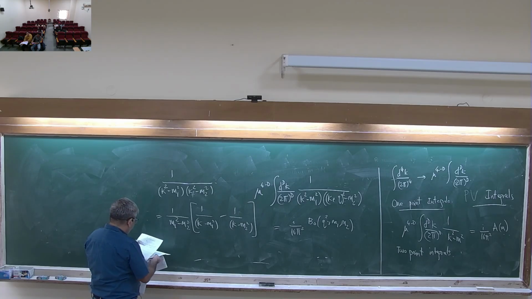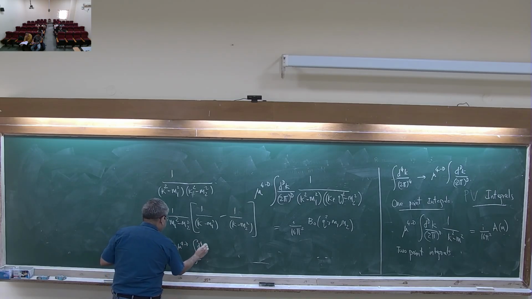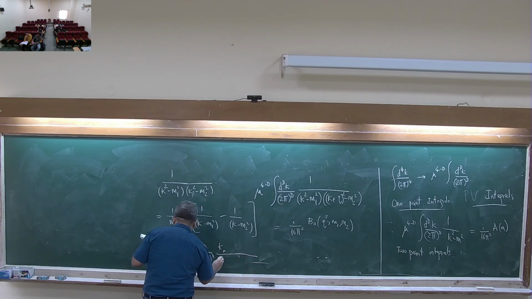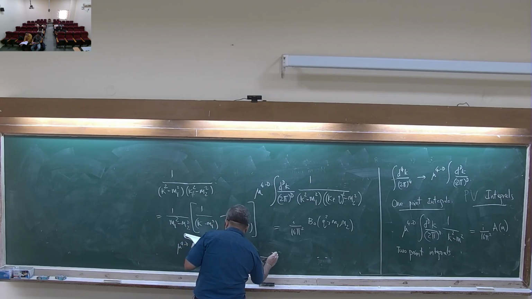because if you have a k mu k nu, okay, you can add a momentum and this just becomes, for example, the integral d^d k over (2 pi)^d of k mu by the same thing, k square minus m1 square, (k plus q) whole square minus m2 square, equal to i by 16 pi square B mu.